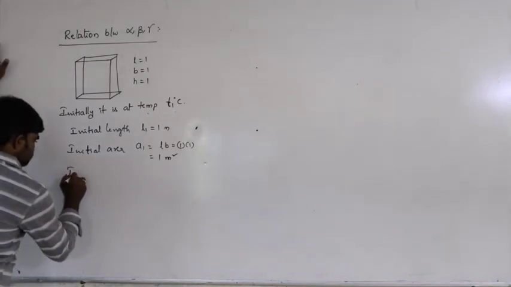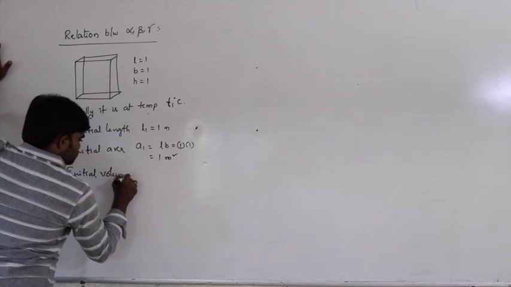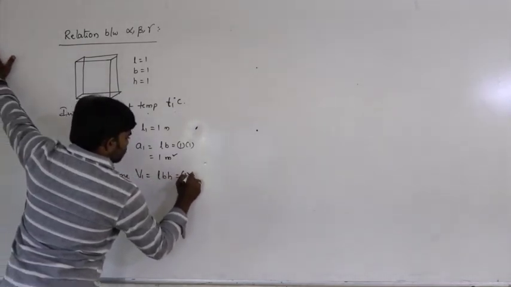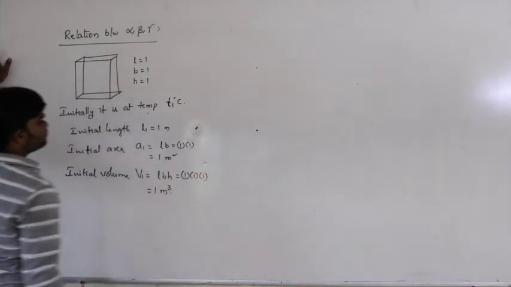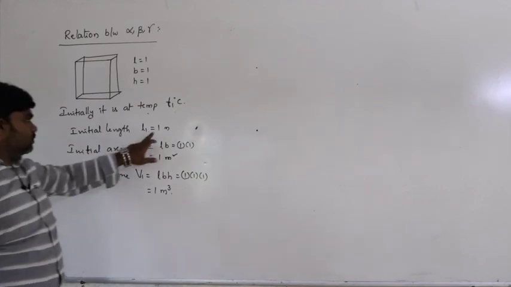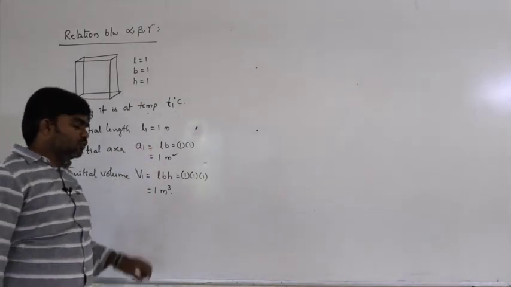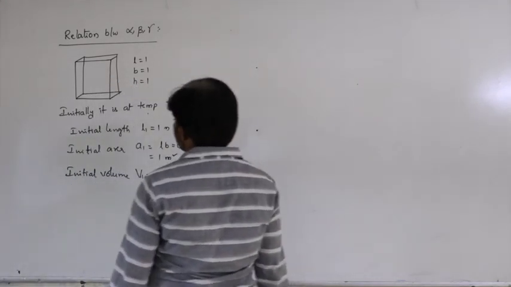Initial volume V1 is equal to length, breadth, height, 1 1 1, so that is 1 meter cube. Initial length is 1 meter, initial area is 1 meter square, initial volume is 1 meter cube.